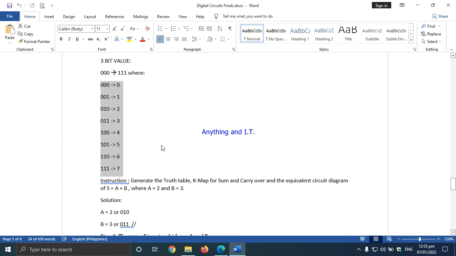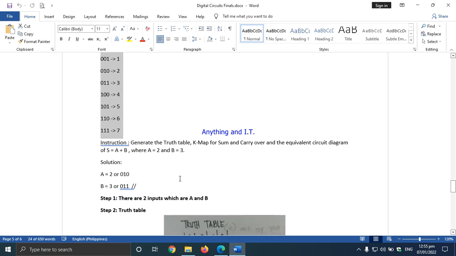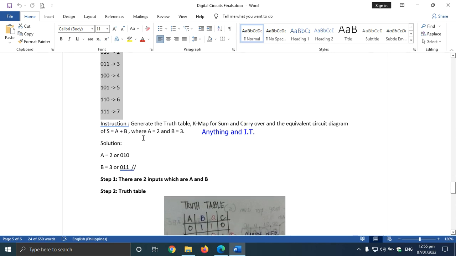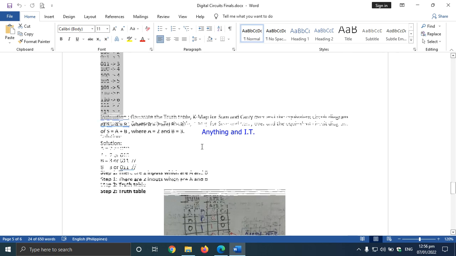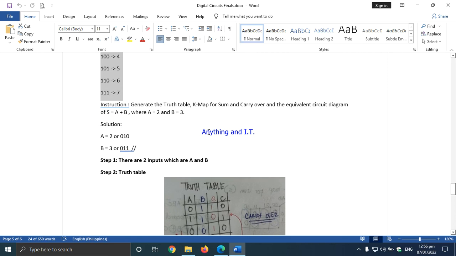So let us have an example. We are going to generate a truth table, came up for sum and carry over, and the equivalent circuit diagram of the Boolean expression S is equal to A plus B, where A is equal to 2 and B is equal to 3. So for the solution, ko-convert lang natin yung value ni A, which is 2, into its binary equivalent.